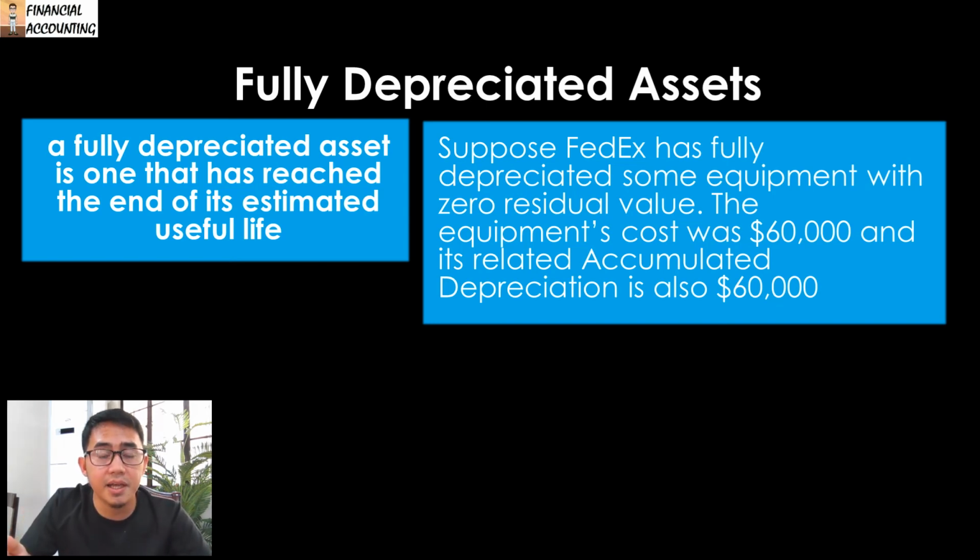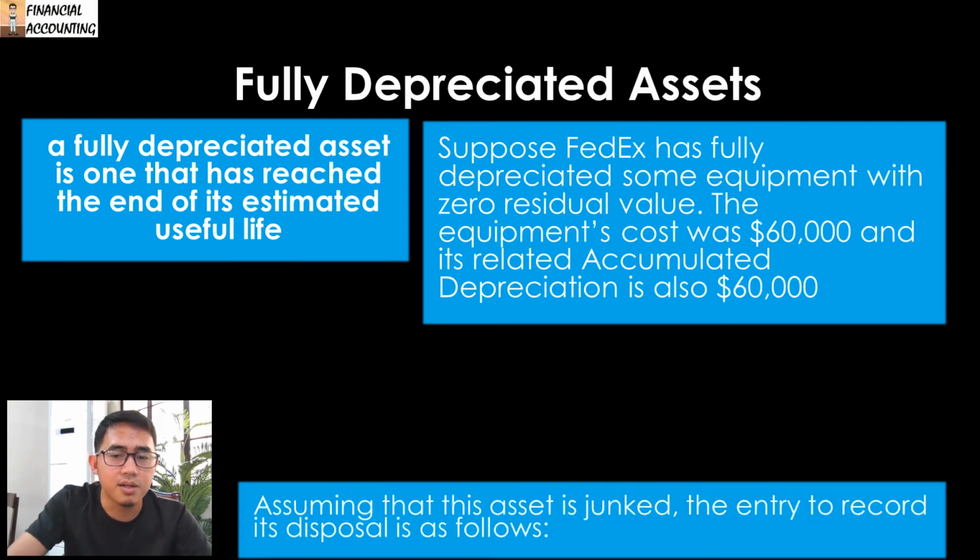So we'll have an idea here, class, that in this case the company does not consider residual value in their computation of depreciation; they have zero residual value. If the asset has been fully depreciated, its cost is equal to its accumulated depreciation: cost is 60,000, accumulated depreciation is 60,000, meaning it has zero book value.